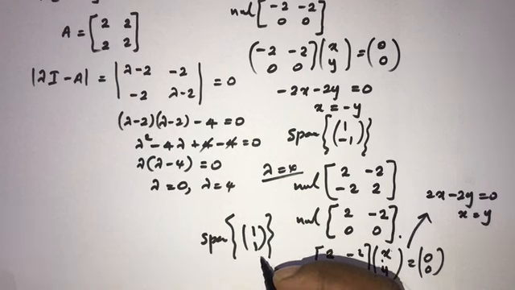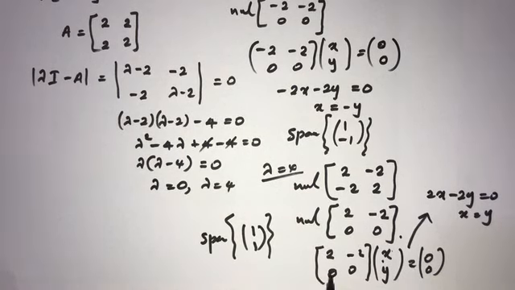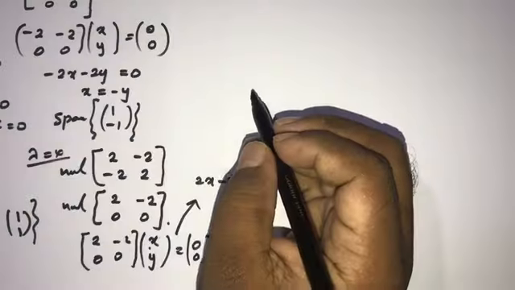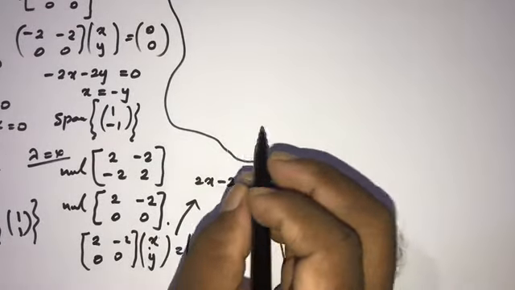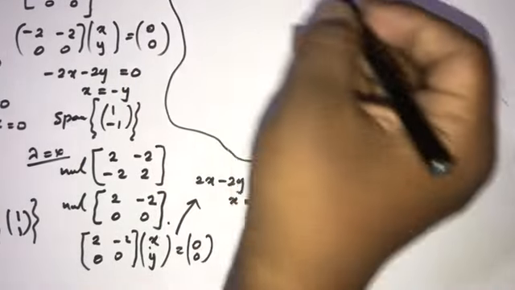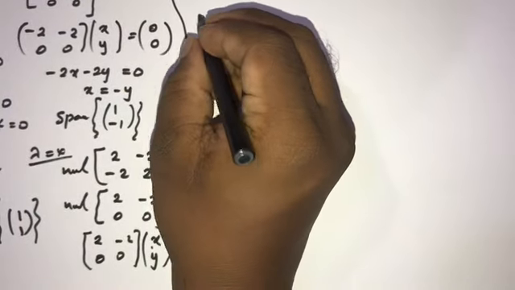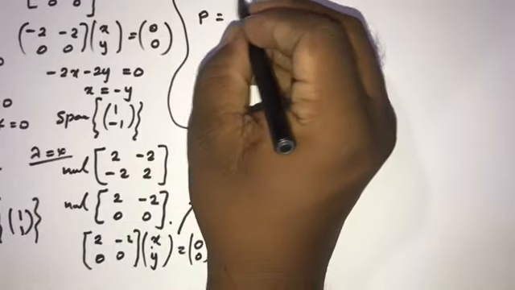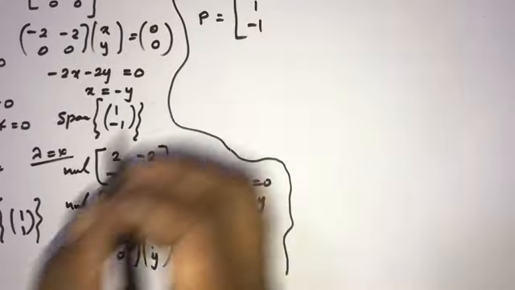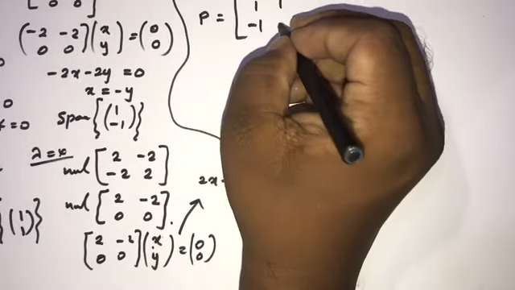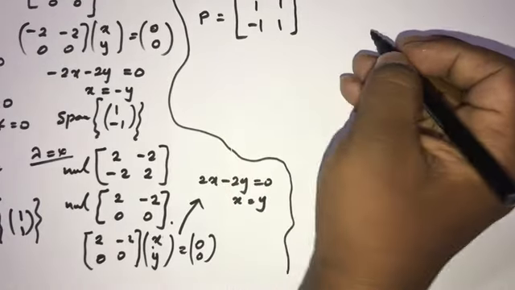Now we can write the span of 1 1. Now we found the eigenvectors, so we can write the matrix P, the matrix of the eigenvectors. P is equal to [1 1; minus 1 1].